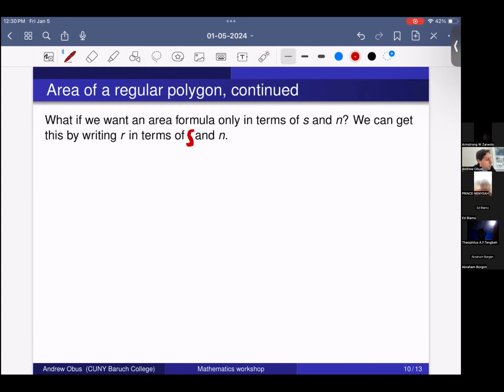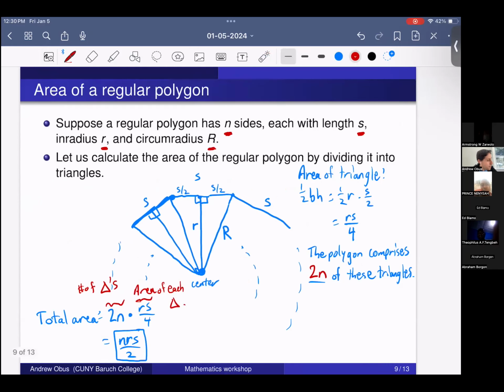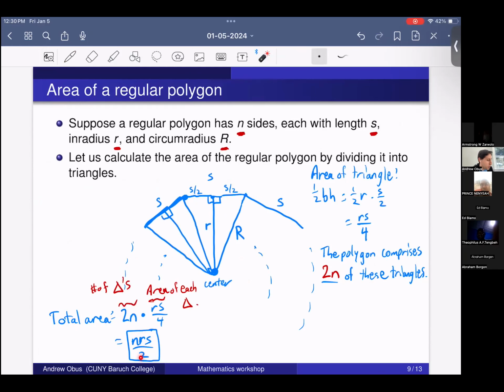Let's say that we want the area formula. Here we have this nice formula, nrs over 2, but maybe we don't want r, right? Maybe we want to just use the side length and the number of sides. So say I have an octagon and each side has length 10. What's its area? What we need to do is find a formula for r in terms of s.